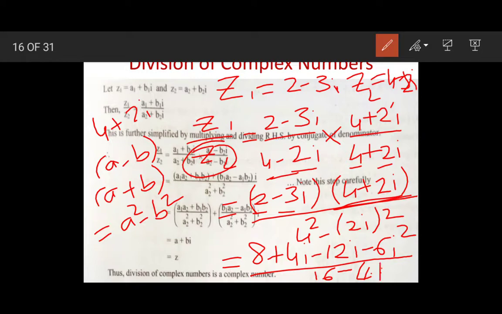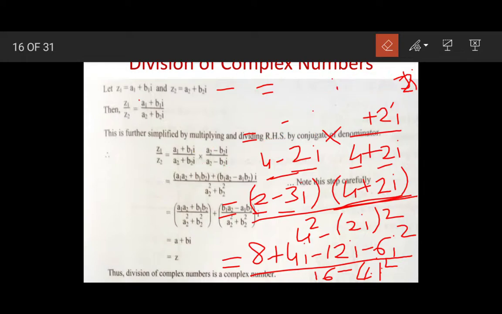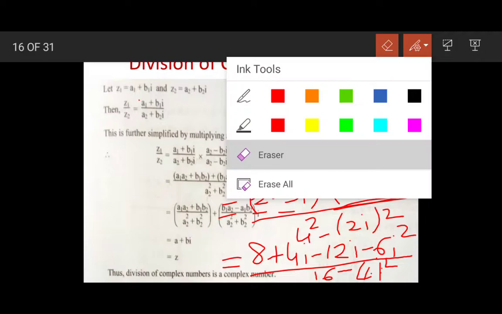I am rubbing the screen so that I can write here. Now we can solve the numerator, and in that we substitute i square as minus 1.